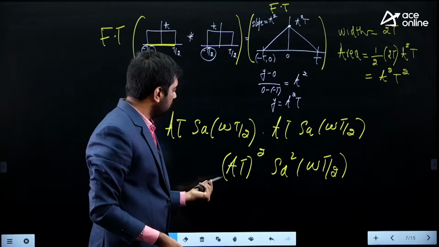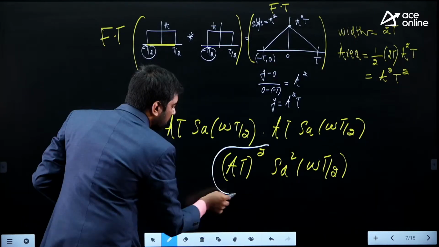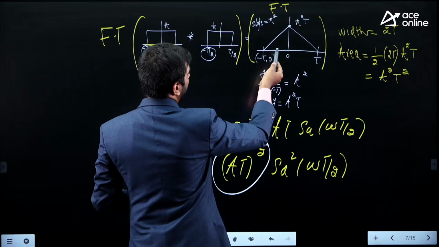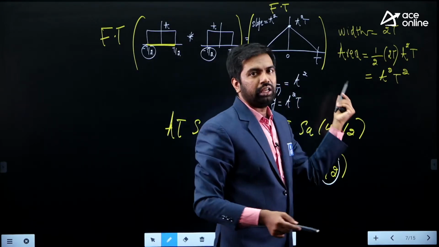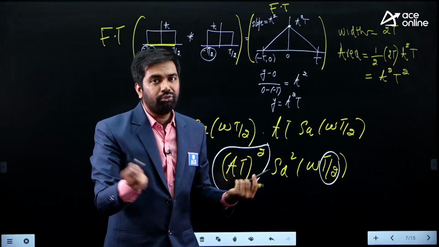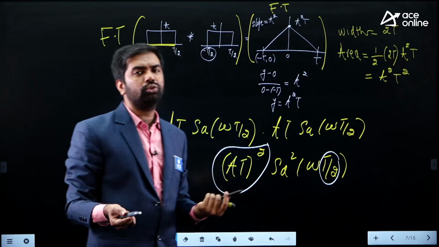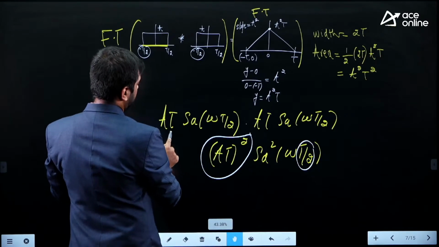Now what do you see from this? This is the area of the triangular pulse. What is this? T by 2. Here we wrote the width as 2T, but what you see is T by 2. That is 2T by 4, which is T by 2. Now we can generalize this result.